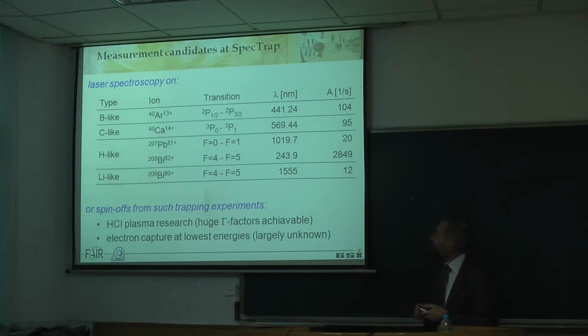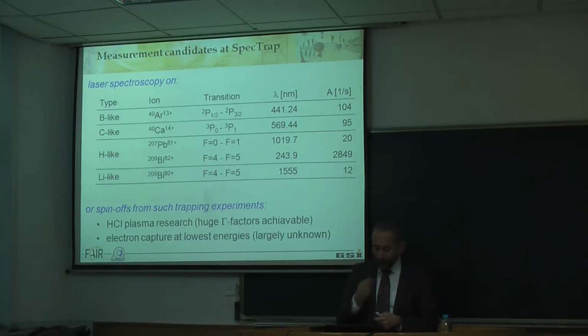And this is some of the sorts of things that we could do there using laser spectroscopy on different sorts of highly charged ions. And you can see these are different sorts of transitions. So this is a fine structure transition, and then this is hydrogen-like transitions, and then this is lithium-like transitions in the same nucleus here.